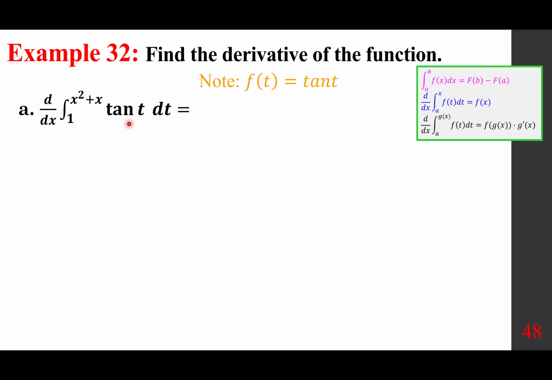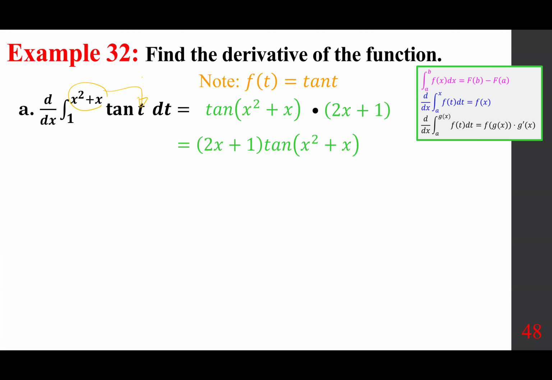So according to what we have here, you are going to plug in t equals the upper limit and then times the derivative of that. So first, replace the t with the upper limit and then times the derivative of the upper limit, which is 2x plus 1. And put the 2x plus 1 in front, and you're done.